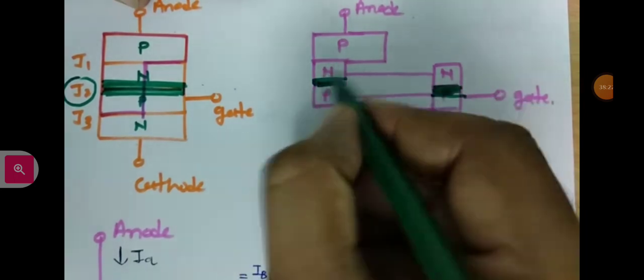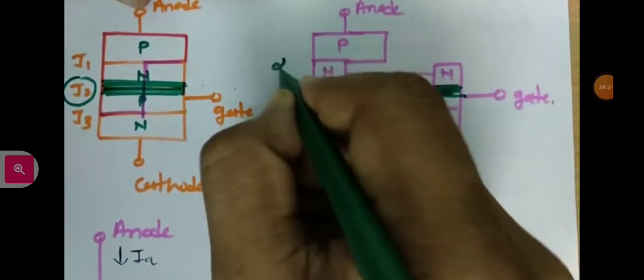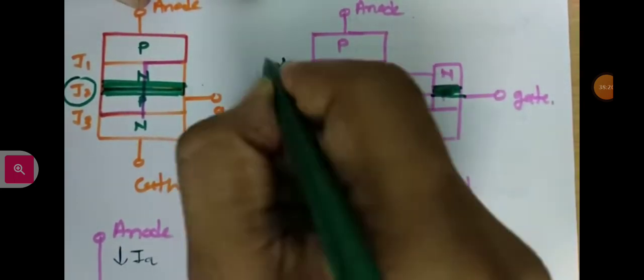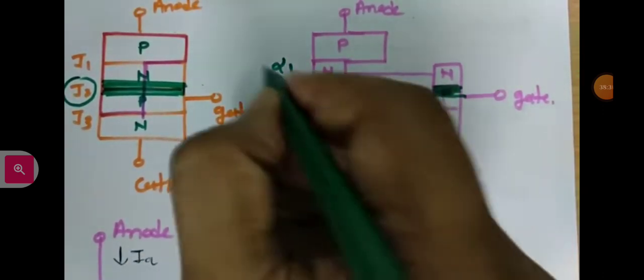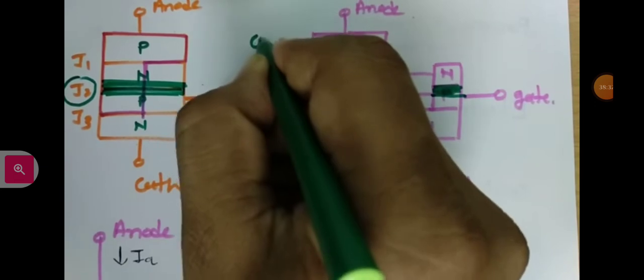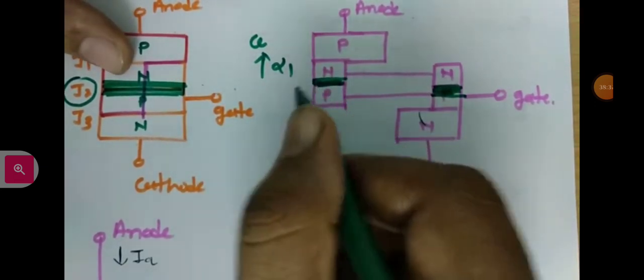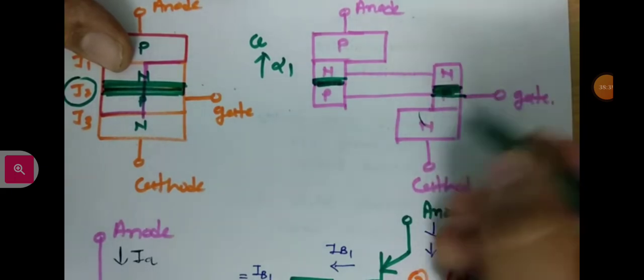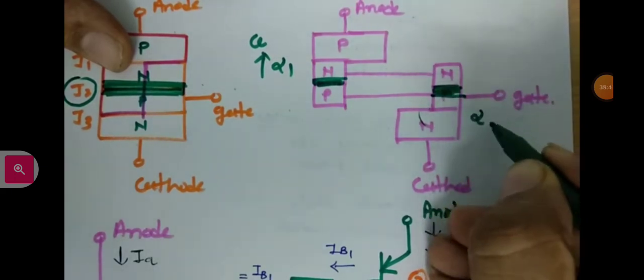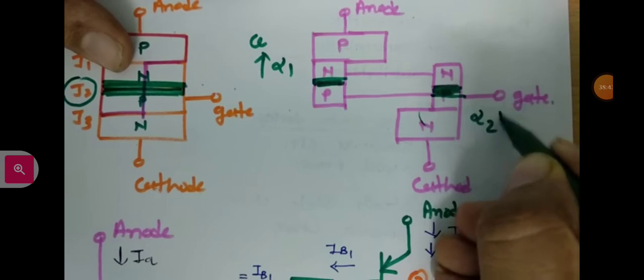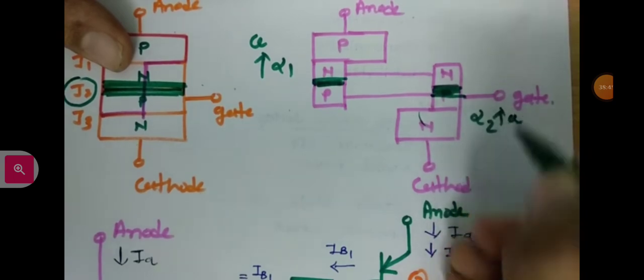So this transistor has common base current gain alpha 1, which will increase as depletion width increases, and the second transistor has common base current gain alpha 2, which will also increase.